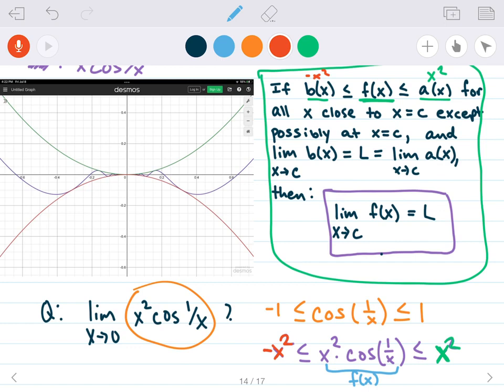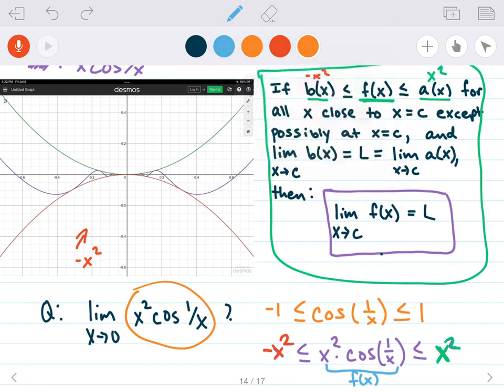And I have these functions graphed. In red is negative x squared. As you can see, it's this upside down parabola. And then in green, I have positive x squared. You can see that the function we're interested in, this purple function, x squared cosine 1 over x, is sandwiched between negative x squared and positive x squared close to 0.